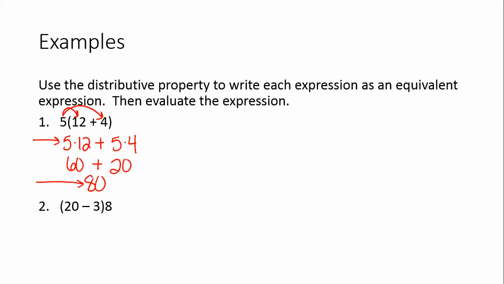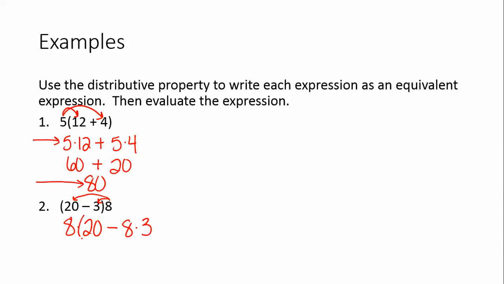On example 2, again, the 8 is in the back, which doesn't really matter, but we still want to work from left to right inside the parentheses so we don't mix up our signs. So it's 8 times 20 minus 8 times 3.